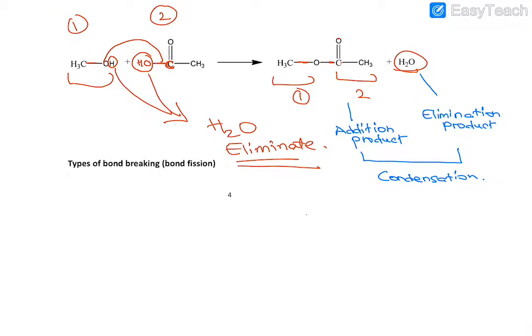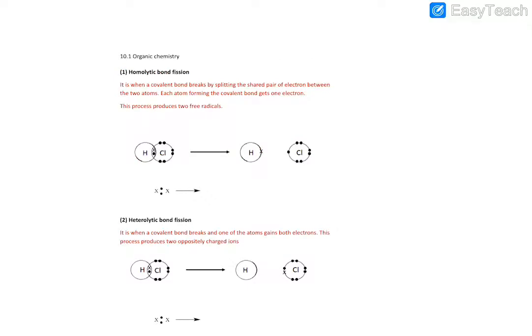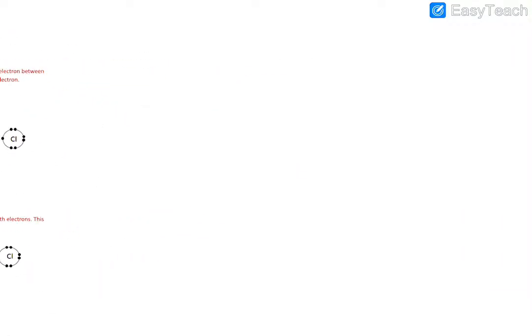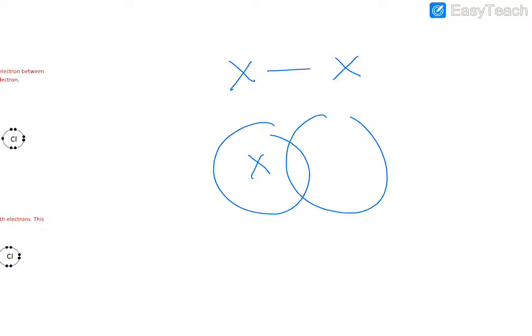Now, types of bond breaking. Now, there's 2 ways that a bond can be broken. So if you still remember a covalent bond, so let's say have X and X covalently bonded. So you have X here. Now, if this bond is going to break, there's 2 ways that it can break.